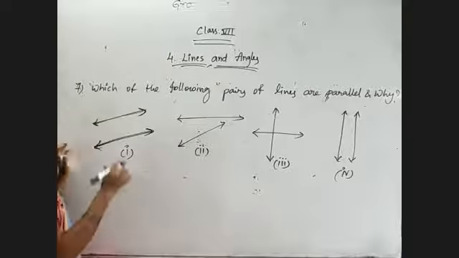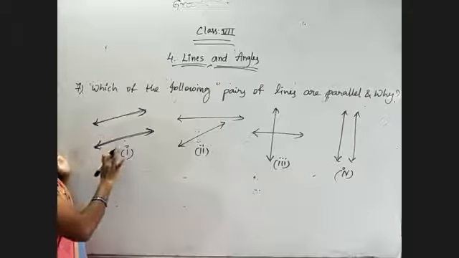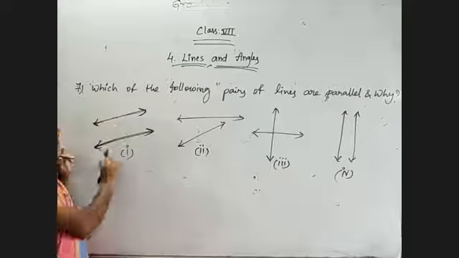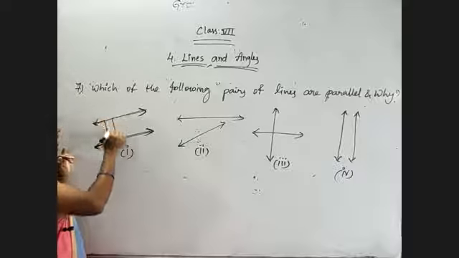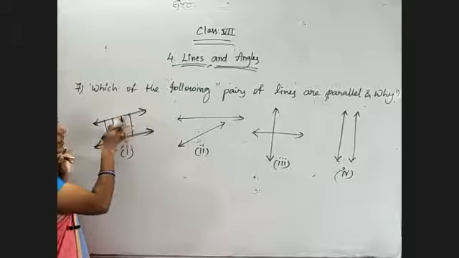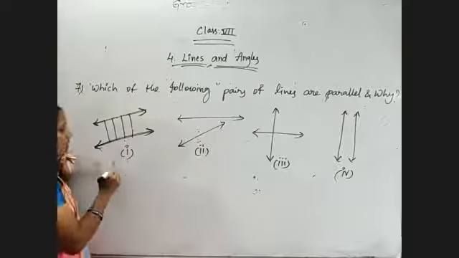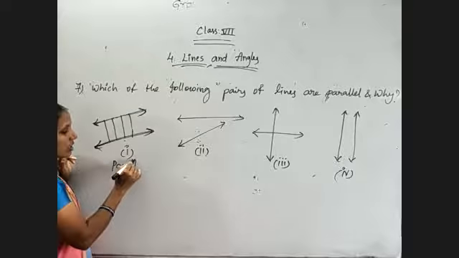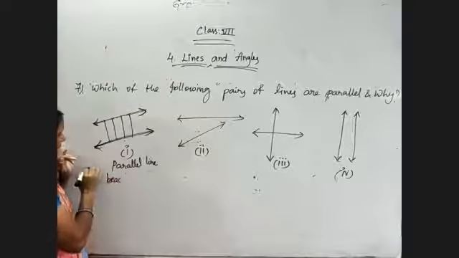Okay. Now observe these two lines, they are not meeting. First condition is possible. Now coming to the second condition, anywhere whatever distance is there, that is also constant, that is also same. The distance between these two lines is not changing, that is also equal. So first one are parallel lines because of this.